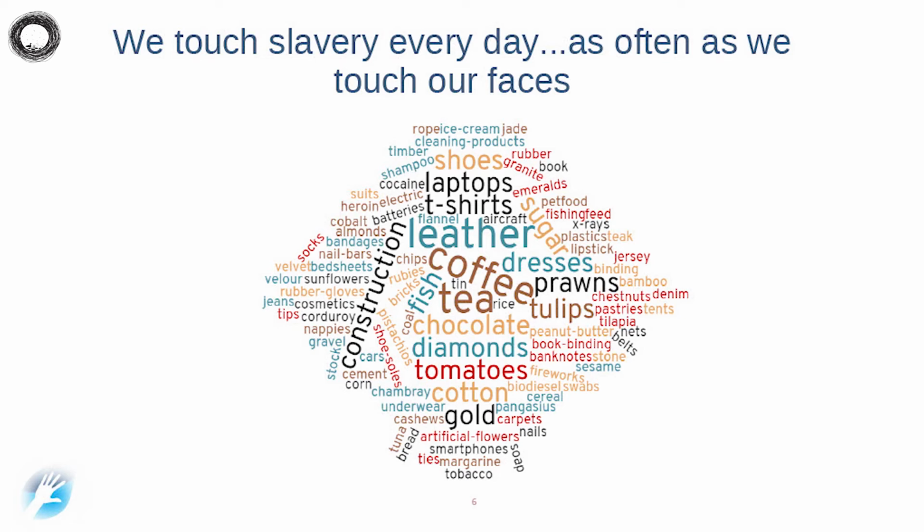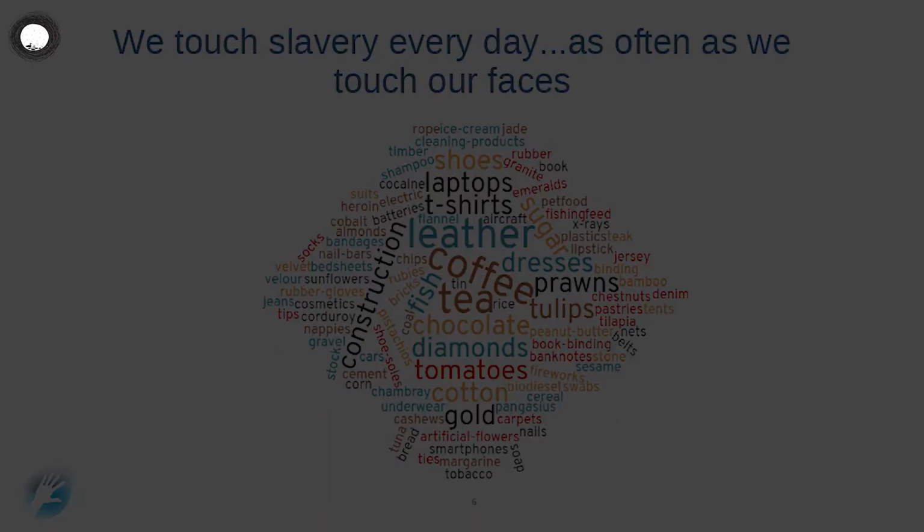We can see coffee, tea, fish, there's construction, laptops, t-shirts, smaller words, emerald, we can still read them. Gold, cotton, tomatoes, diamonds, chocolate, bookbinding, banknotes, stone, sesame, all these words. I'm like, wow, slavery exists in all of this. And it's just a very powerful word cloud that helps convey a very strong message.